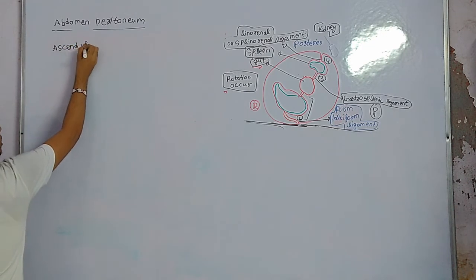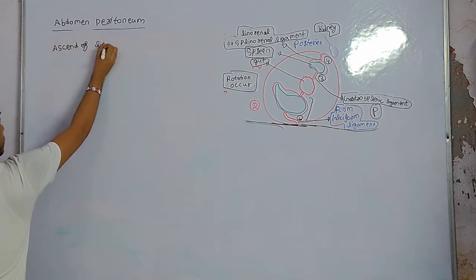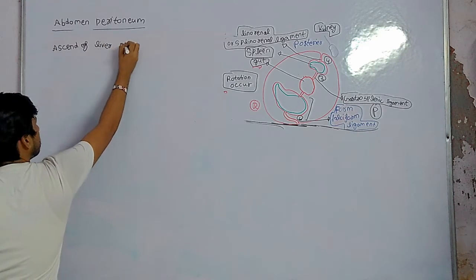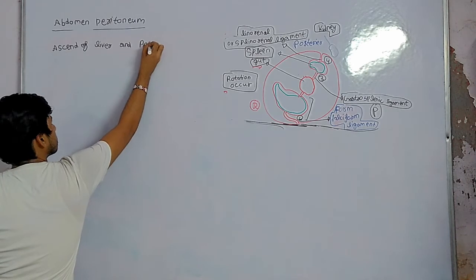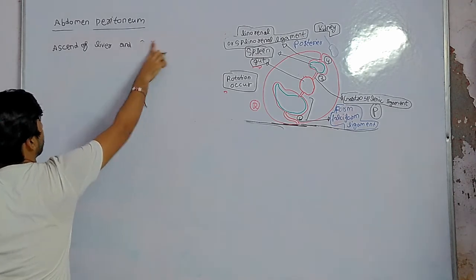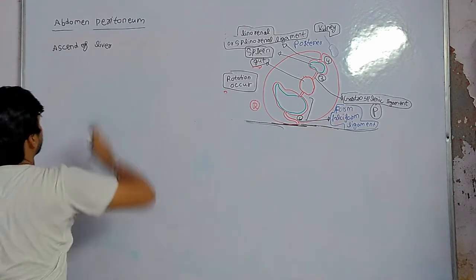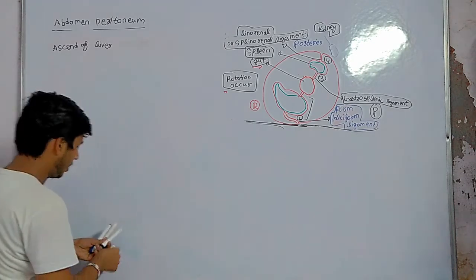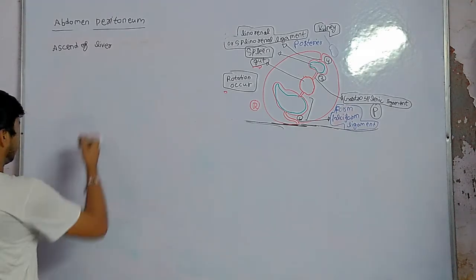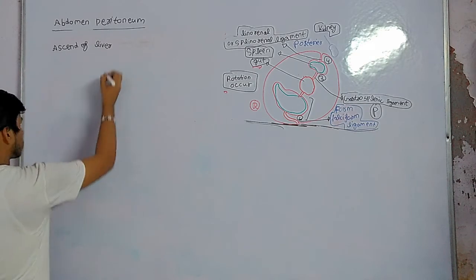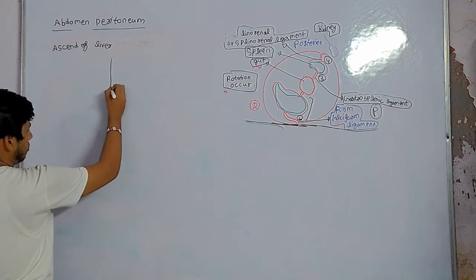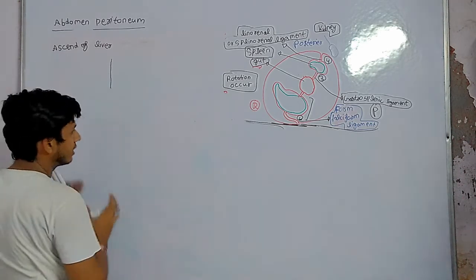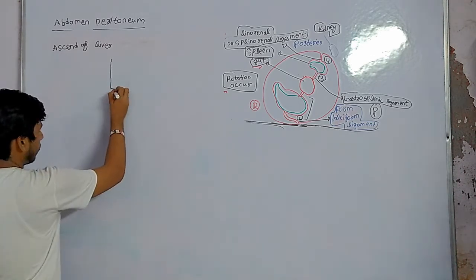Ascent of liver and peritoneum fold. So first, now we take the sagittal section again. So this is gut tube. Now we take sagittal section. So here we have stomach.